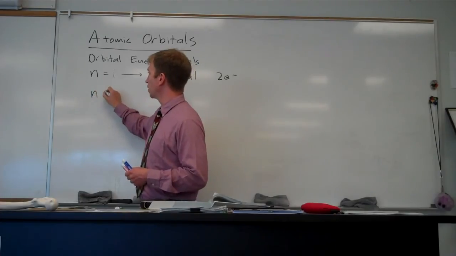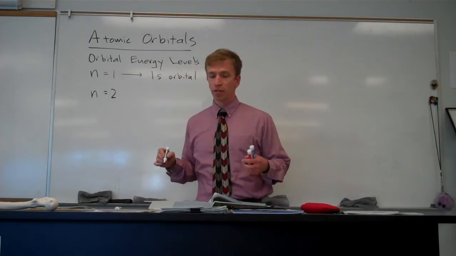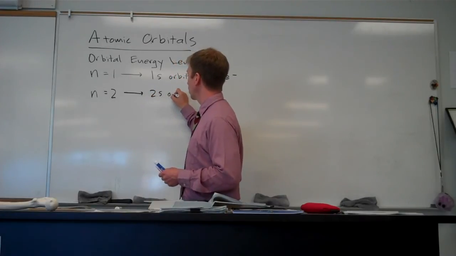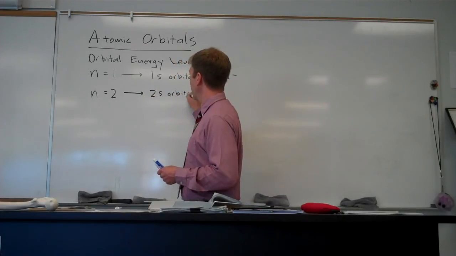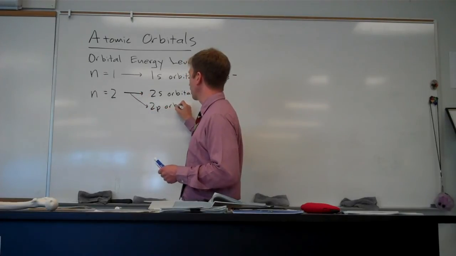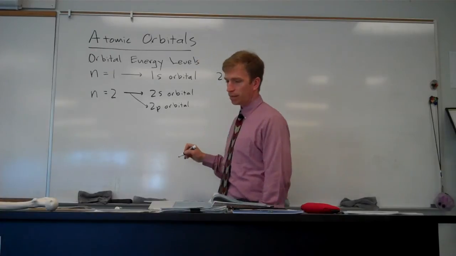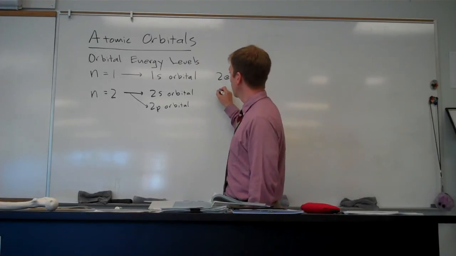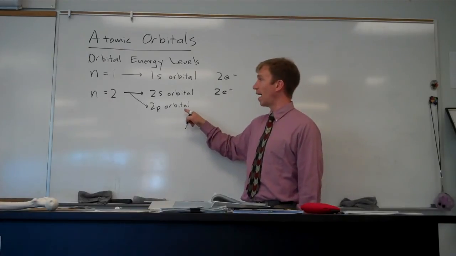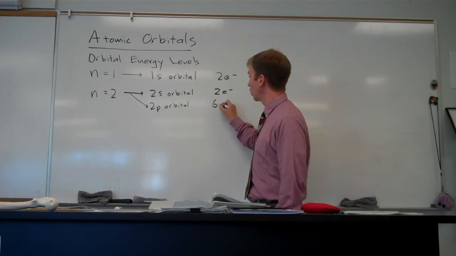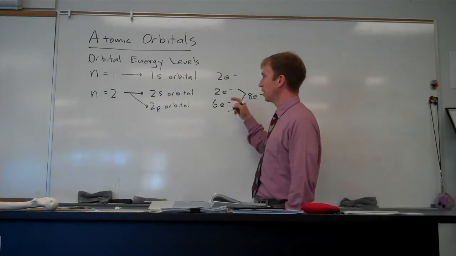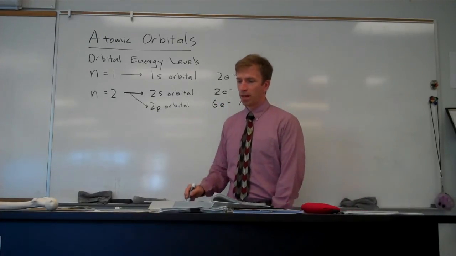If you move up an energy level, you get to n equals 2. At the second energy level, there's what we call the 2s orbital and what we call the 2p orbital. Again, each s orbital has 2 electrons. There are 3 p orbitals at each energy level, and so this can hold a total of 6 electrons, for a total of 8 electrons in the second energy level.